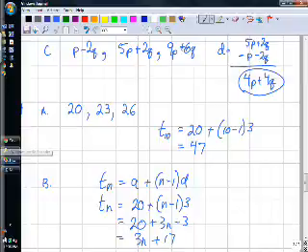Subtract 16 from both sides. D equals negative 3. So now I can work my way backwards and forwards here by steps of 3 to fill in how this went.